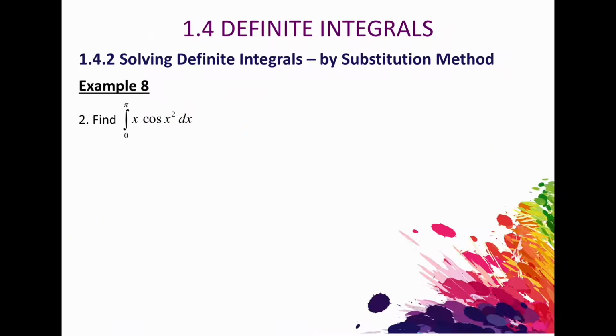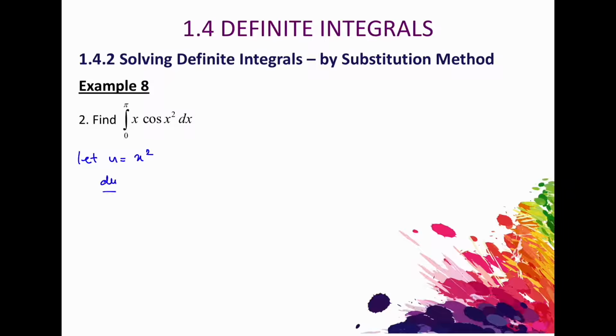Now let's try some trigonometric integrals. From this we have the integration from 0 to pi of x cos x squared dx. Let u equal to x squared.